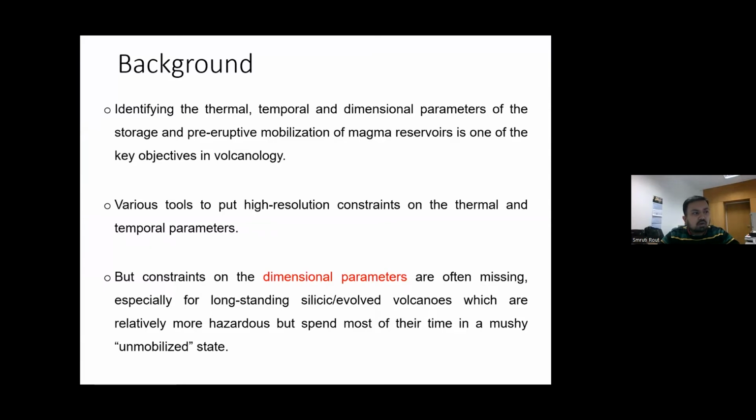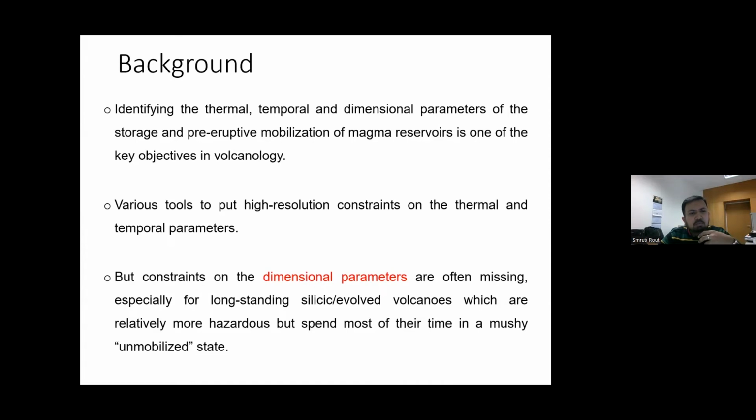There are several tools to constrain the thermal as well as the temporal parameters. For example, we have thermobarometry, and we have absolute dating or diffusion modeling for the temporal aspects. But the constraints on the dimensional aspects are often scarce, unless we have precise geophysical data.